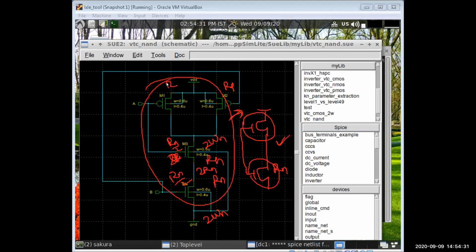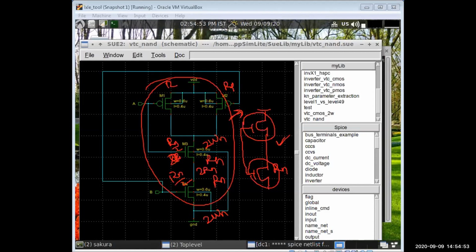Yeah, so again I am saying, when we compare any NAND or NOR, we always compare with the inverter. When we compare its performance, you compare with the inverters. So when we make this circuit as an inverter, this is 2 transistors in series, so we can make it 1.